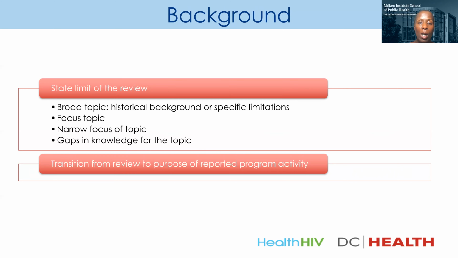And you hope to design a program that will be more reflective of Black men who have sex with men in Washington, D.C. So you transition from a review to the purpose of the reported program activity. Our job is to fill the gap in knowledge, skills, or attitude. And we know this because in our research, we saw that there was an unmet need in this population.